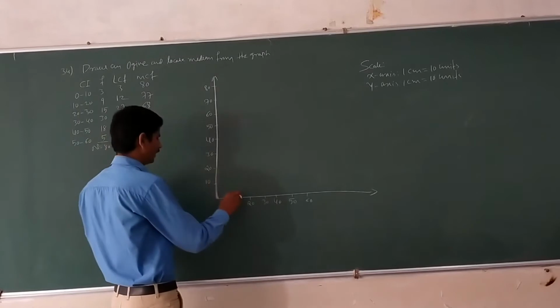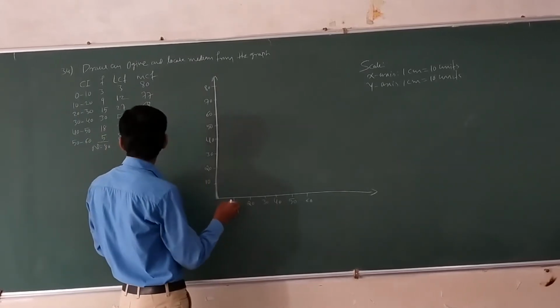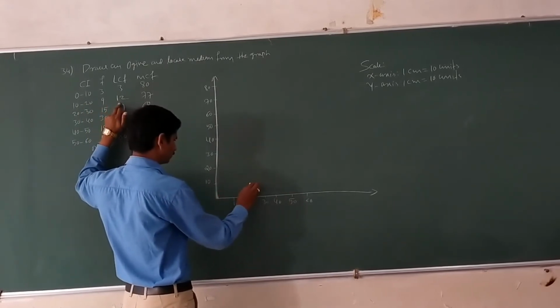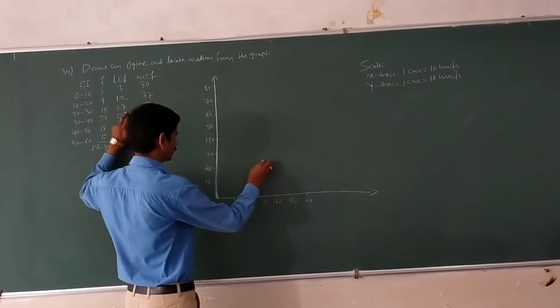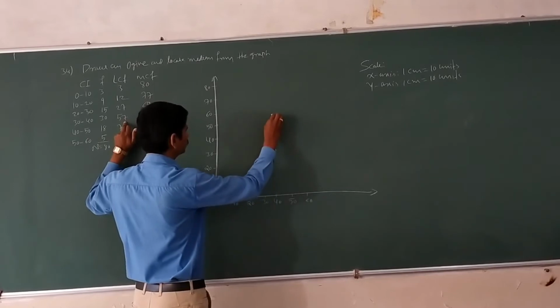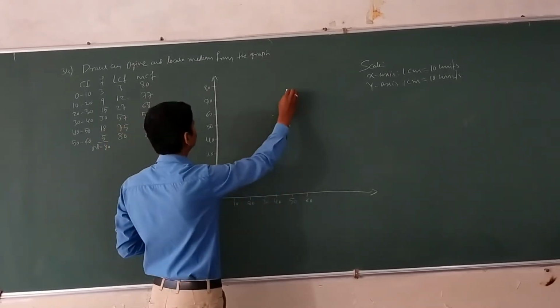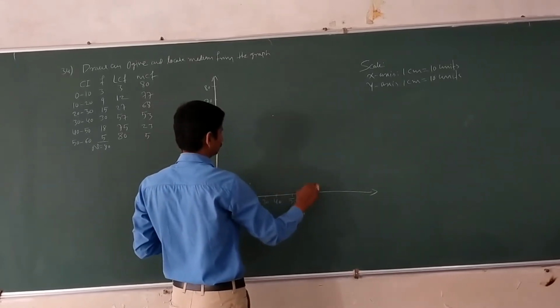Here 10 is 3, the next 20 is 12, 30 is 27, 40 is 57, 50 is 75, and 60 is 80.